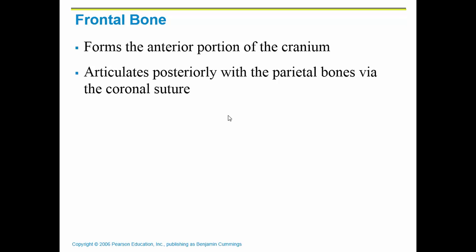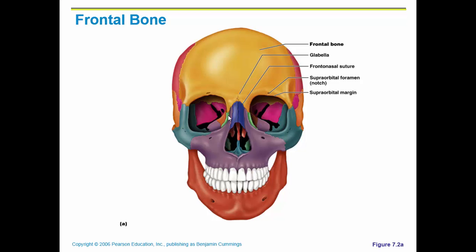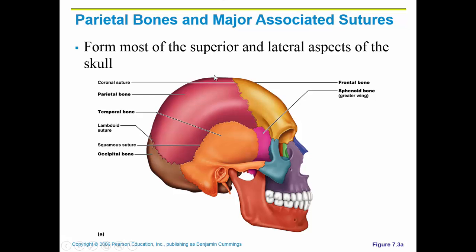A suture is, we think of sutures as like stitches, but in the skeleton, they are the articulation point between skull bones that are basically immovable joints. So the yellow bone that you're looking at here is your frontal bone. It's a very large bone, but it makes up your forehead.